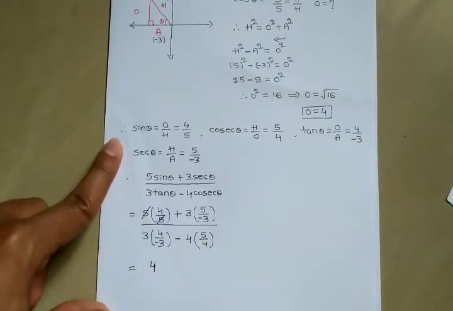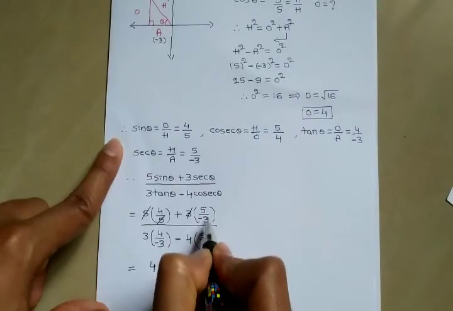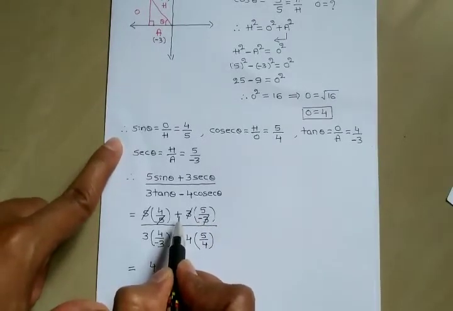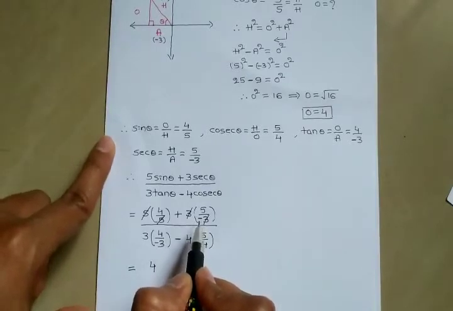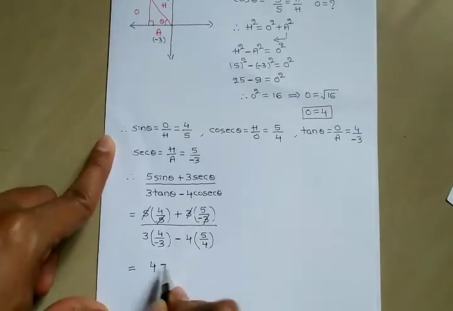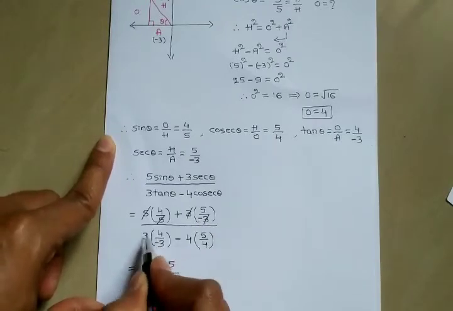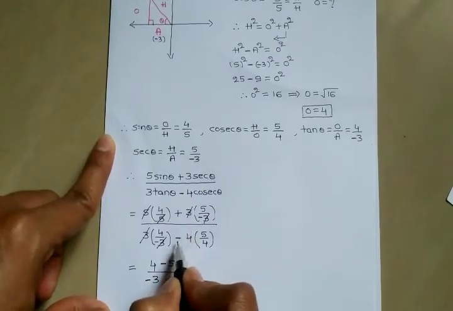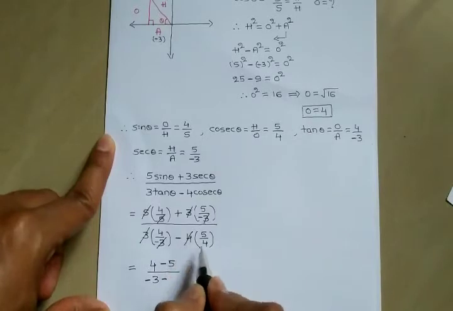So next, you can cancel 5 and 5. So what is the remaining value? 4. You can cancel 3 and 3, but inside it is a negative sign and outside a positive sign. So plus into minus is what? Minus. So the remaining value is how much here? 5 divided by, here you can cancel these 3. Plus divided by minus is what? Minus 3. Next minus, cancel these 2.